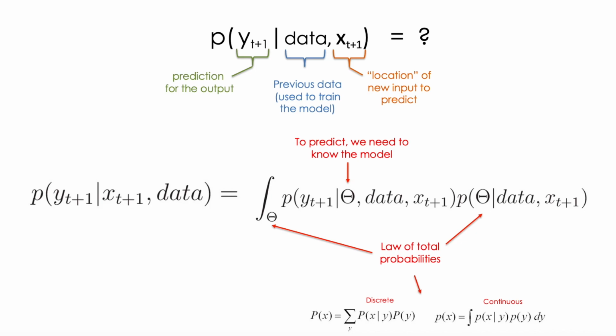This is just the law of total probability. Every time there is a variable that we need to include but we don't know its value, we add the variable and then we sum or integrate across all the possible values of the variable. If our parameters are continuous, we have to integrate. If it's a discrete parameter, we just do the summation.